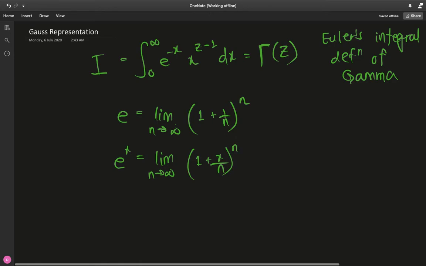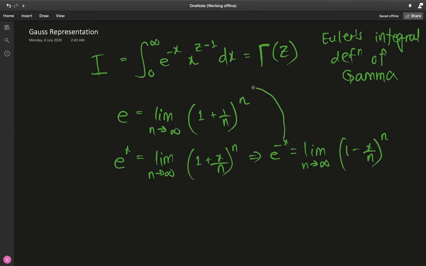So we take the x in place of 1 inside, and a similar thing for e to the negative x, we can write that as the limit as n goes to infinity of (1 minus x over n) to the nth power. So I'm going to use this definition for e, and plug that in here.